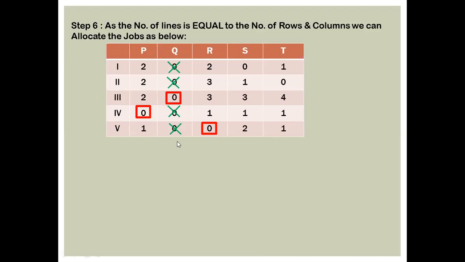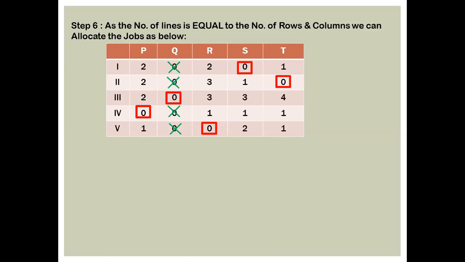Now go column wise. So column P, Q and R are already having one job assigned. What about column number S? There is a single zero, so we'll give a box over there. And finally, the last box will go to column number T. What is your observation, class?